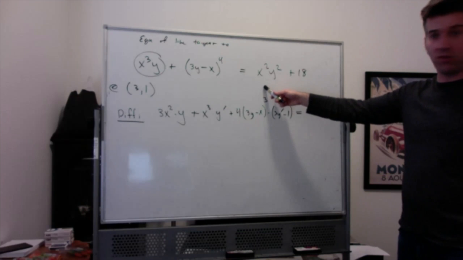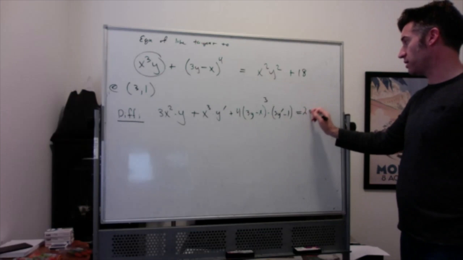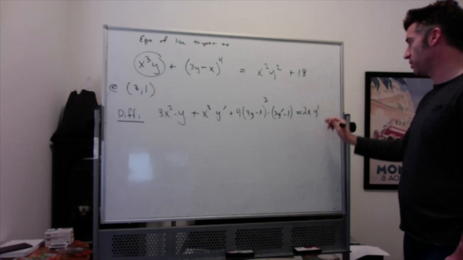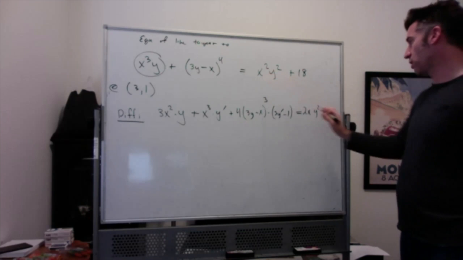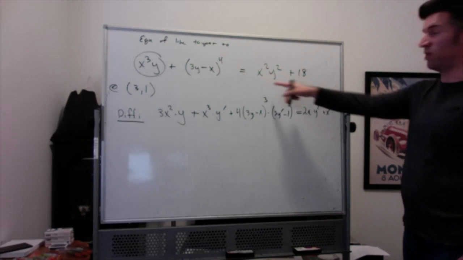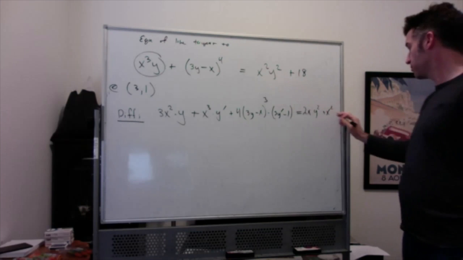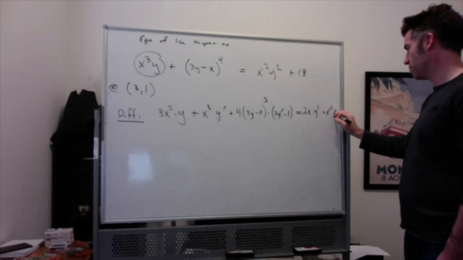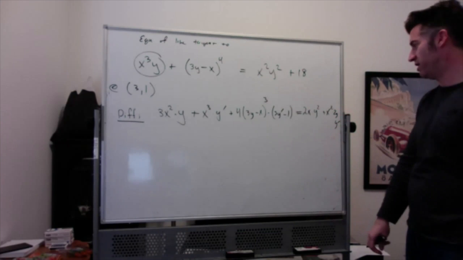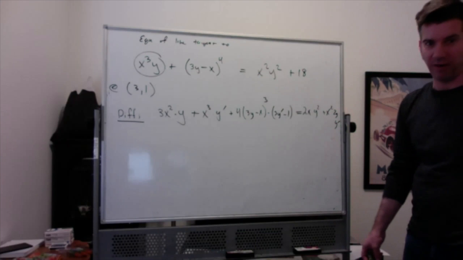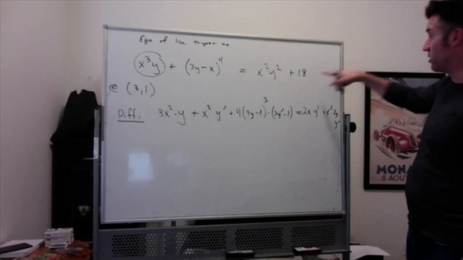I have to use the product rule. Derivative of x squared is 2x times y squared plus x squared times the derivative of y squared, which is 2y times y prime, plus 0, right? Because the derivative of 18 is 0.